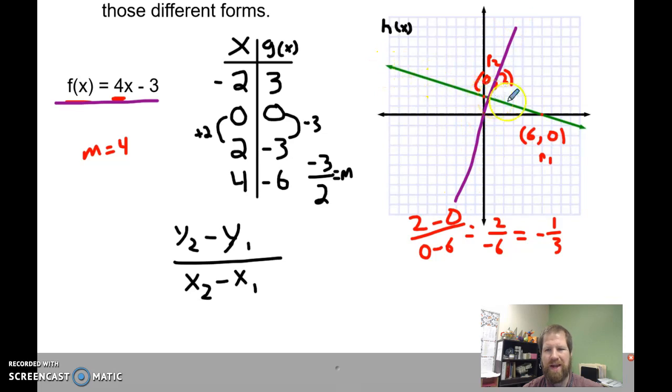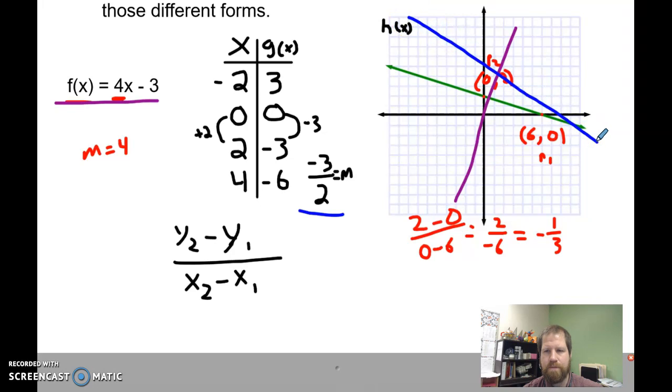This one is a negative, but it's also pretty shallow. It's negative 1/3, so it's pretty shallow. And this one is negative 3/2, so it's also going to be coming down in the negative direction. We'll use blue for this one. It's going to be coming down at a steeper angle than my green equation. So it might look something like this.